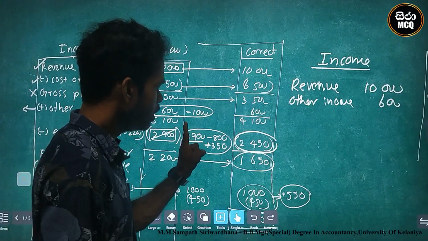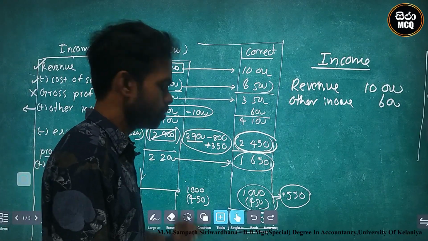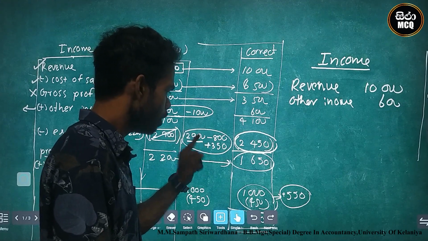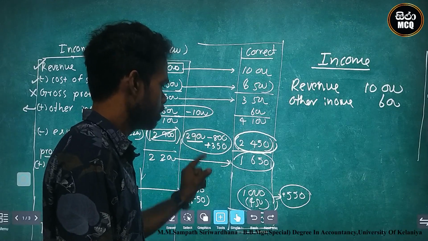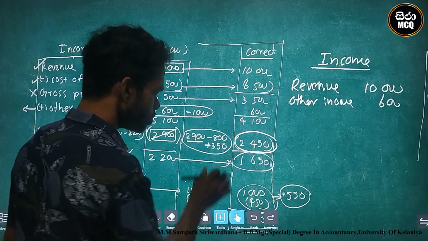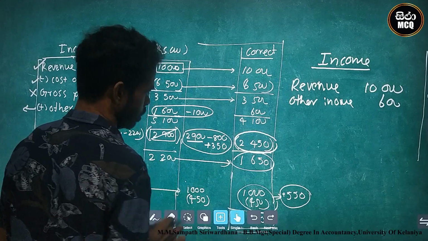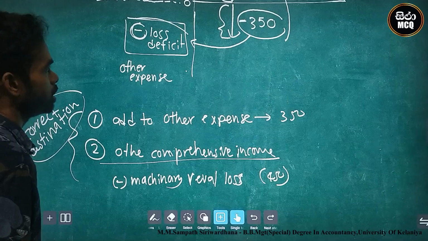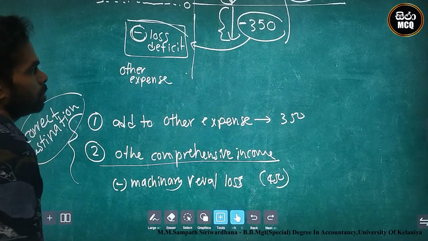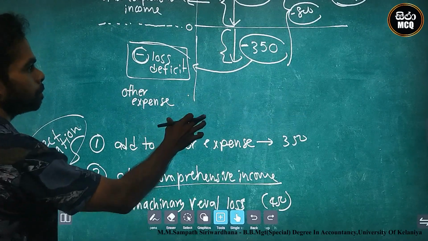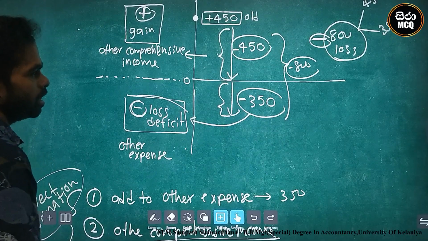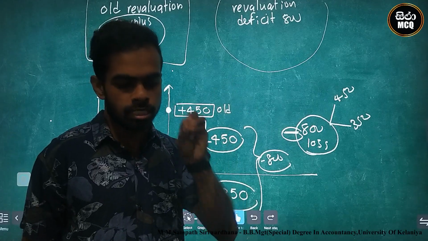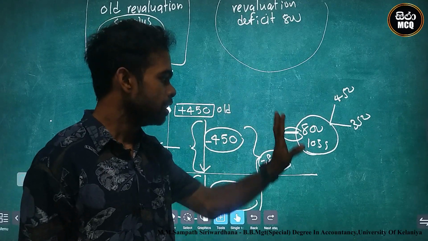After that, we eliminate the revaluation loss, then add the revaluation actual loss. Look here, there is a machinery with a current loss of 800. This is an expense.